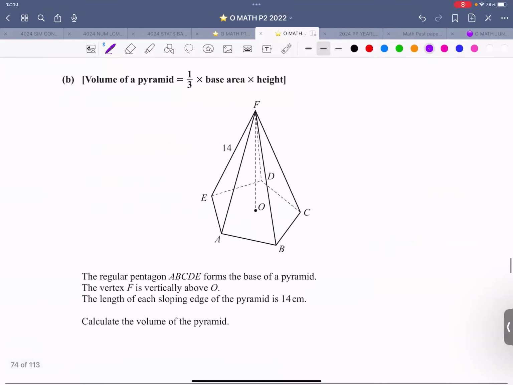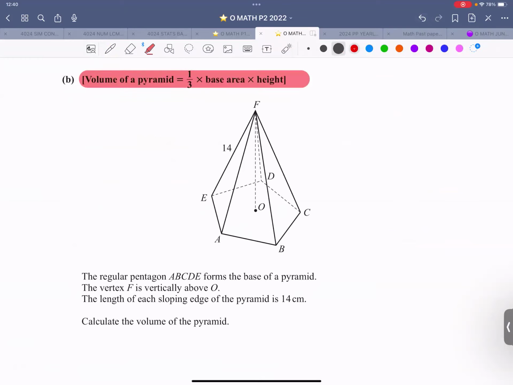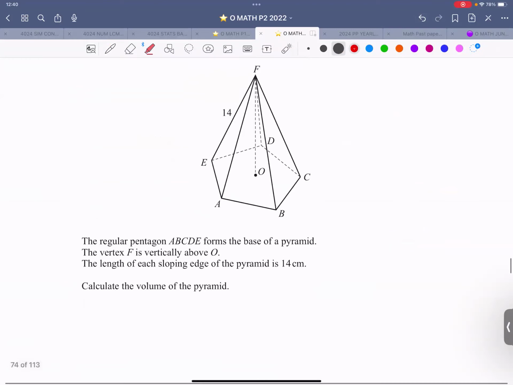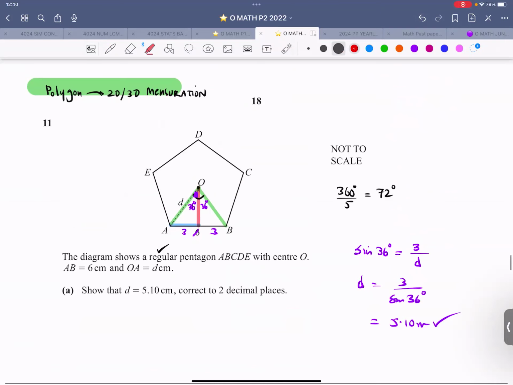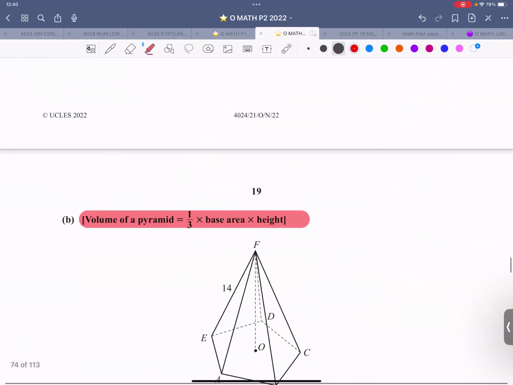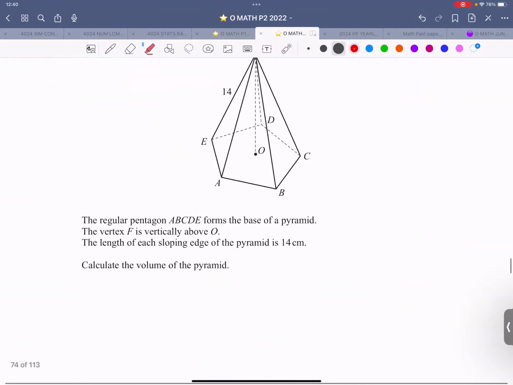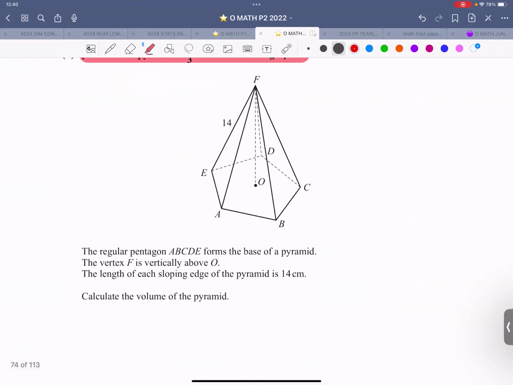The second one, the volume of a pyramid, it's given, is this much. That's the volume. And now it says the regular pentagon forms the base of a pyramid. So now this pentagon we are talking about, and the vertex F is vertically above O. The length of each of the sloping edges is 14 centimeters.